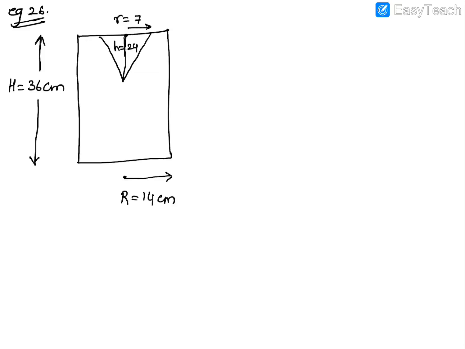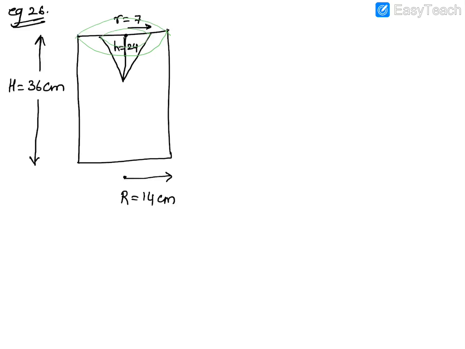Now, yeah guys, the diagram is not to scale. You have to find the volume and the total surface area of the remaining solid. So guys, just to make it a little more clear, let me show you what it means. So this is your top surface. I hope you can make out now. In the top one you've carved a cone inside, and you've removed some material from inside. So that's how it will appear.